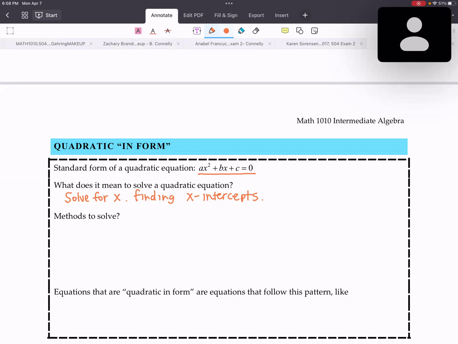So we've talked about 4 different methods that we can use to solve quadratics. We've talked about factoring. We've talked about the square root property. We've talked about completing the square.